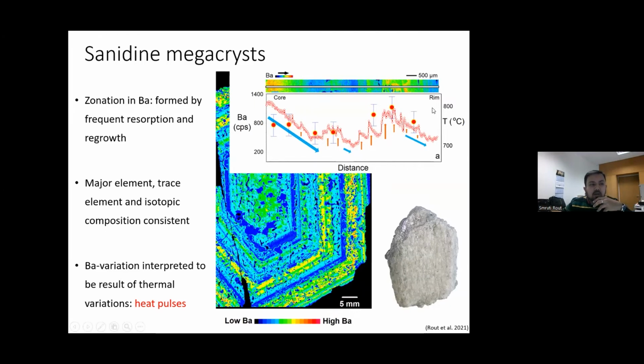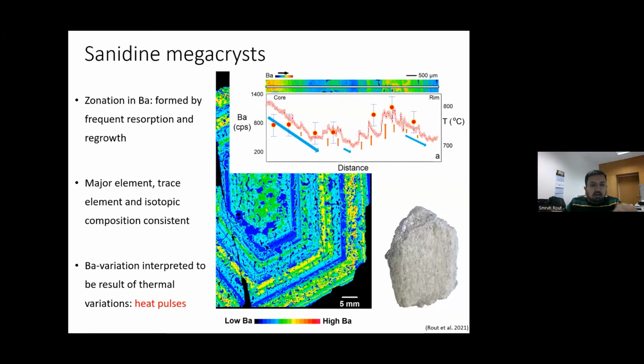For example, in this case, we calculated temperatures from some mineral inclusions in these crystal zones, like amphiboles or plagioclases, which are represented by these red circles, and they match fairly well with the ups and downs in the barium content.